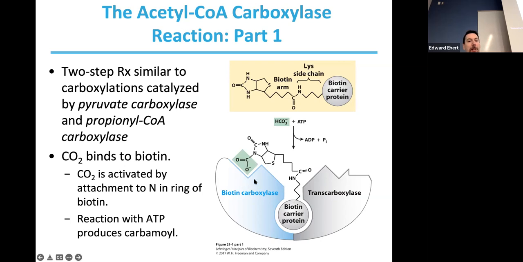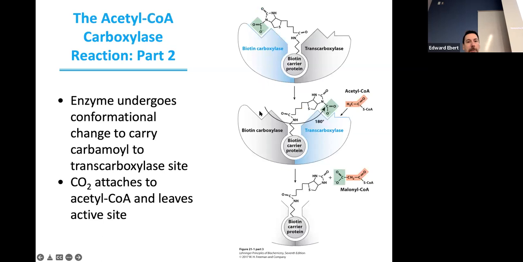We have a biotin carboxylase area where we attach that carbon dioxide from bicarbonate to the biotin. And then that biotin arm is going to swing over into the trans carboxylase, which is going to transfer the carboxy group onto the acetyl-CoA. All right. So part 2, that arm swings over here. Our acetyl-CoA binds into the trans carboxylase section, and we transfer that carbon dioxide to the acetyl-CoA to make malonyl-CoA.